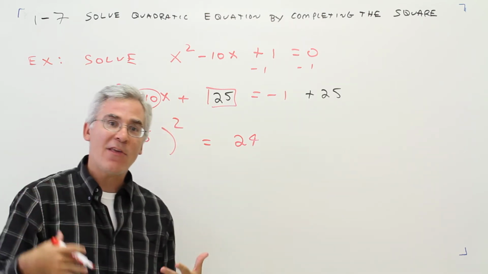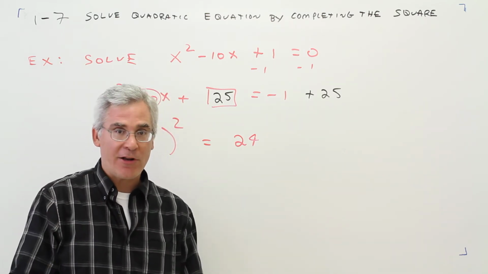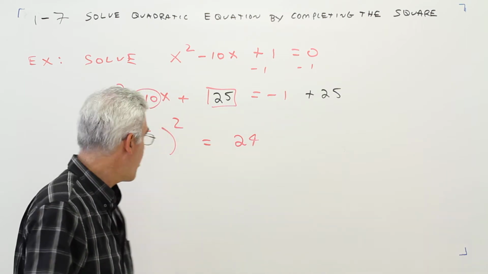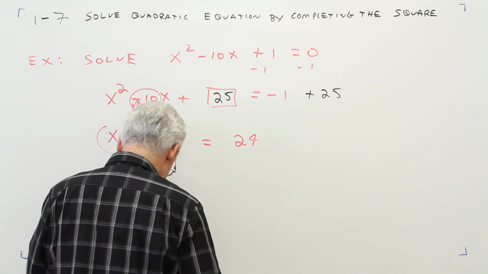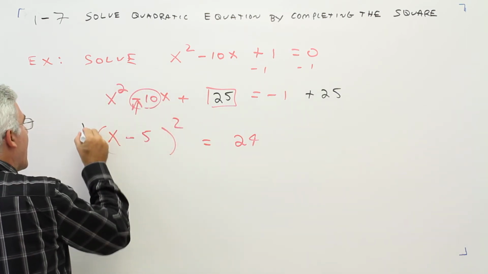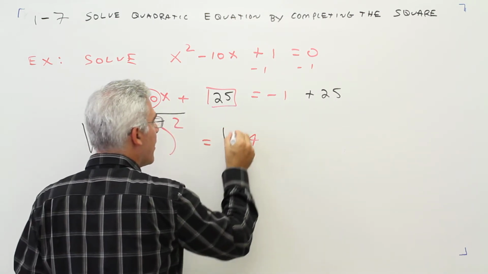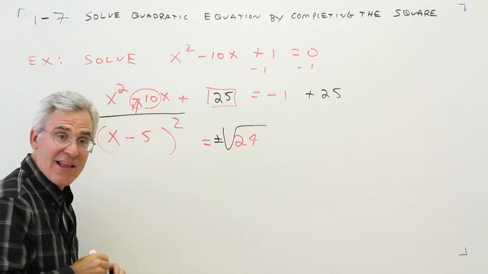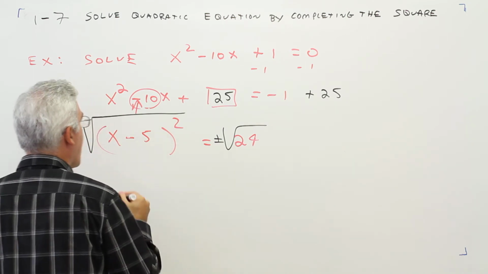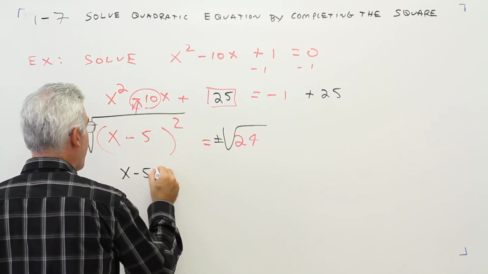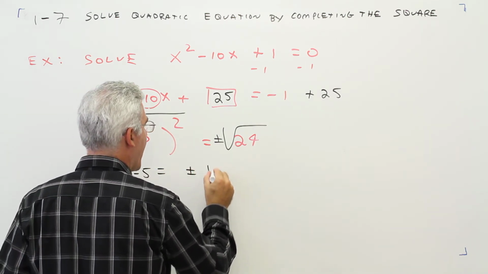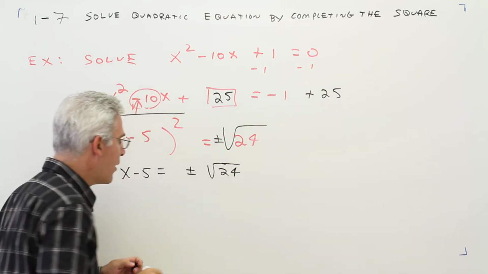So now I'm back to that previous lesson, solve quadratic equations by taking square roots. I've got the square term isolated, so I will take the square root of this side and take plus or minus the square root of that side, and I'll get x minus 5 equals plus or minus the square root of 24.